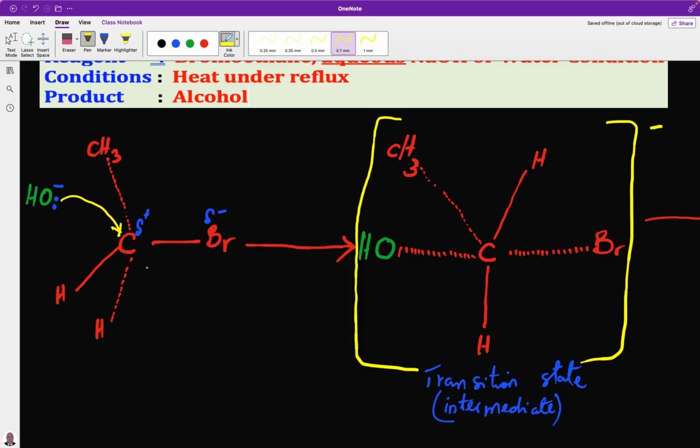So the attachment and the splitting are taking place at the same time. Eventually, we call this a transition state, where the carbon-bromine bond is just at the point of breaking, while the carbon-nucleophile, or the carbon-OH bond, is just at the point of formation.